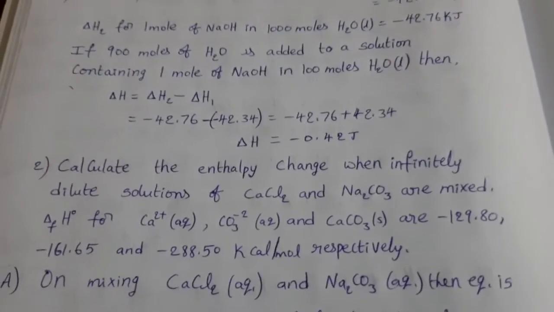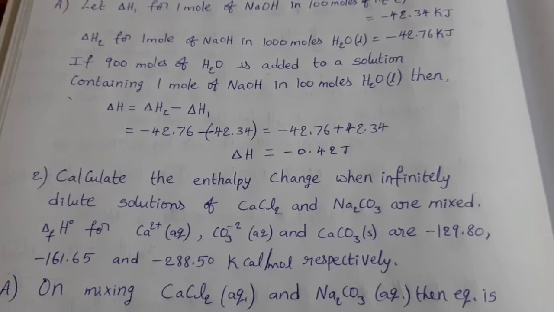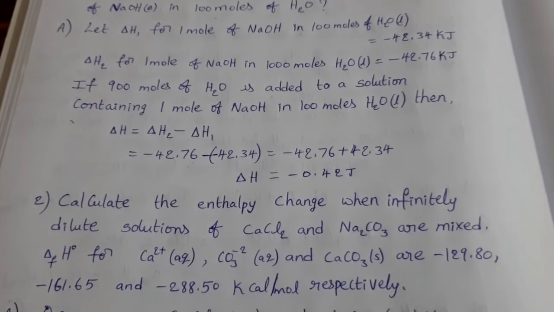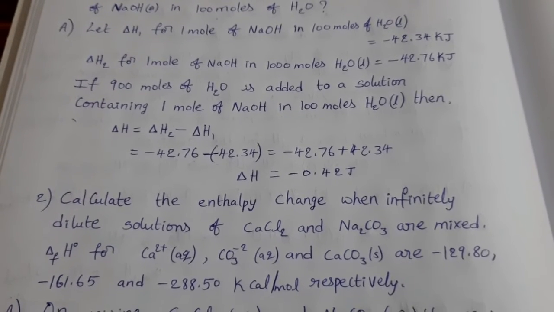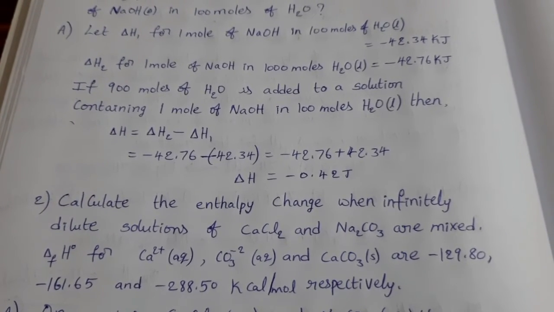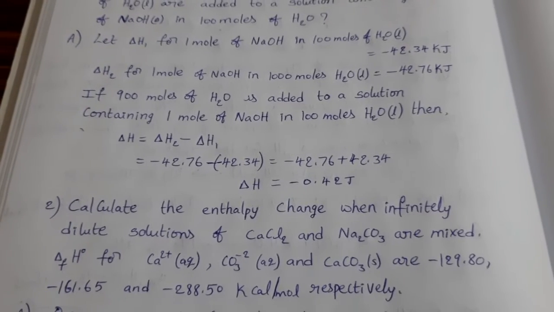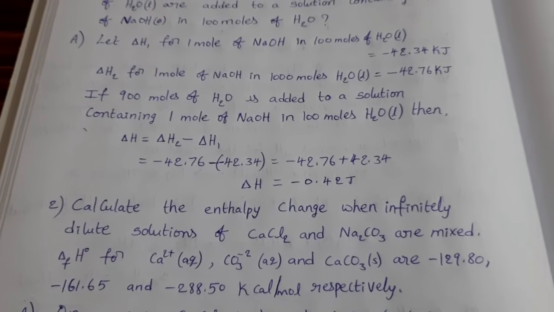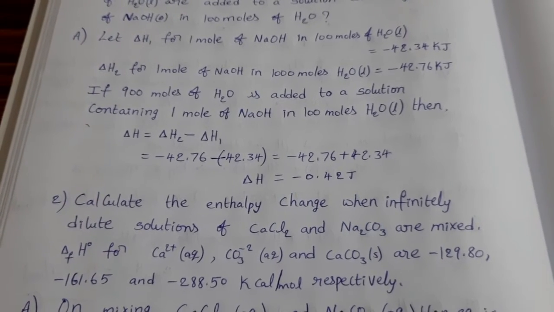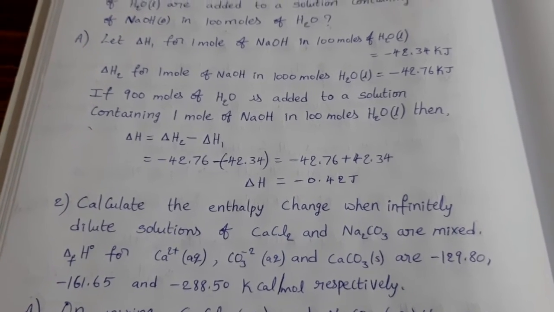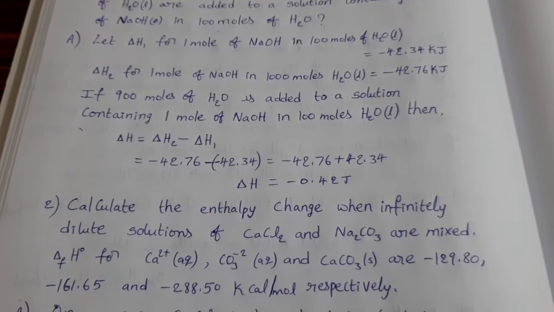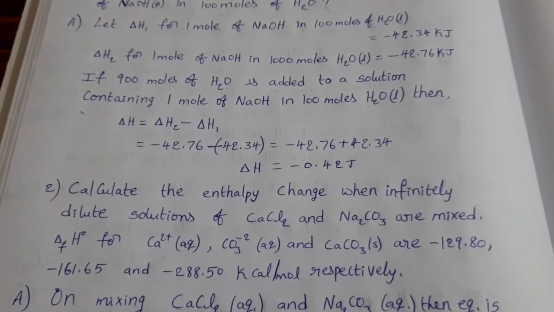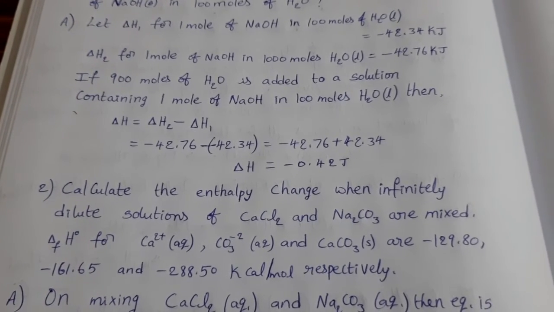Now next one, calculate the enthalpy change when infinitely dilute solutions of CaCl2 and Na2CO3 are mixed. Calcium chloride and sodium carbonate are mixed. Delta f H0, standard enthalpies of formation of Ca2+ ion, CO3 2- ion and CaCO3 are minus 129.80, minus 161.65 and minus 288.50 kilocalorie per mole respectively.